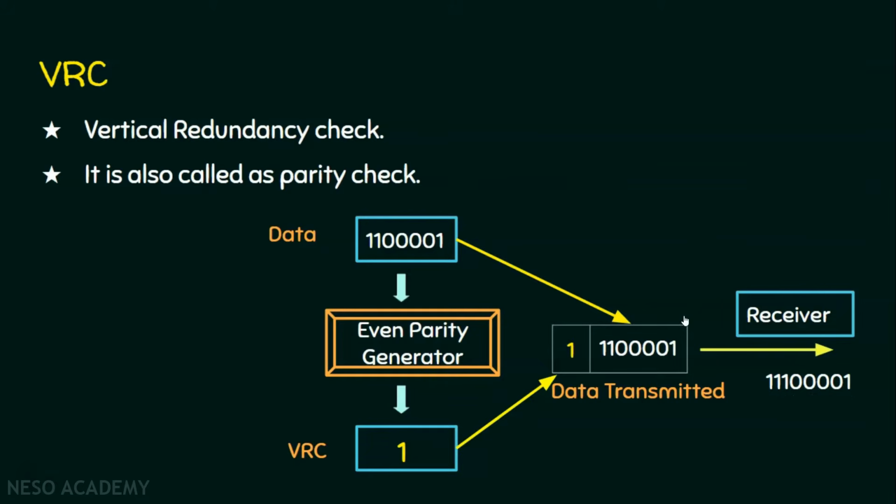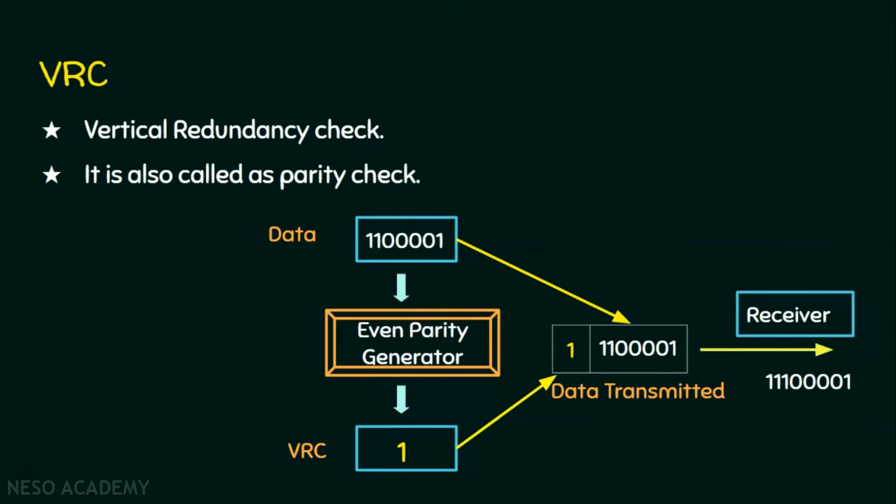What the receiver does is check for an even number of ones in the received message. If there is an even number of ones in the received message, the receiver understands that there are no transmission errors. Whereas if the receiver sees that there is an odd number of ones in the data it has received, it understands that the message was prone to transmission errors and it rejects it.